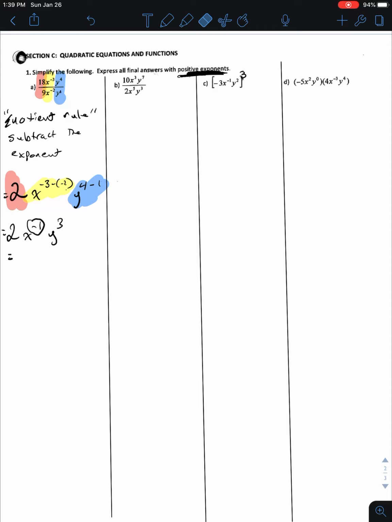So with a negative exponent, you bring it to the bottom. Remember I showed you that last week? That's all that is. So your final answer is going to be 2y cubed divided by x to the 1. Anytime you can, you bring it to the denominator. That make sense?